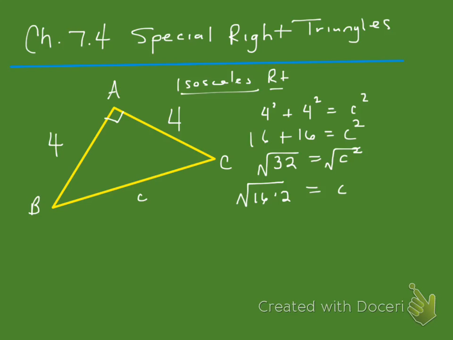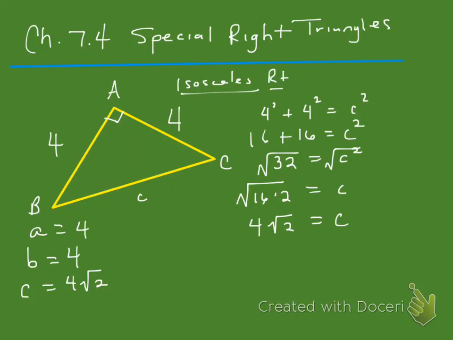The square root of 16 is 4, so that comes out, times the square root of 2 equals c. Okay? So on this one, a is equal to 4, b is equal to 4, c is equal to 4 square roots of 2.